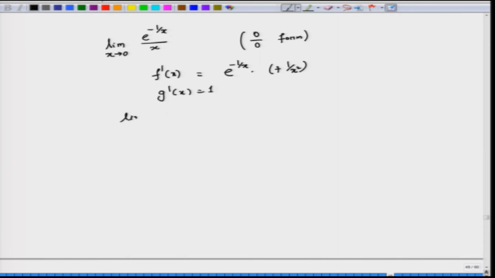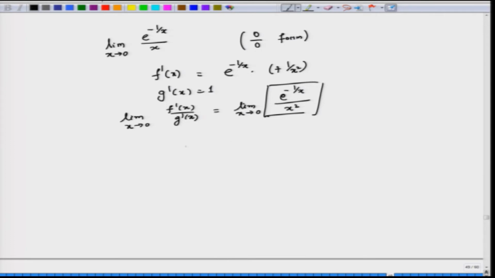Now, the limit as x goes to 0 of f prime of x by g prime of x is equal to the limit as x goes to 0 of e to the power minus 1 by x divided by x square. Now, we would like to find this. For this, f is e to the power minus 1 by x and g is x square.